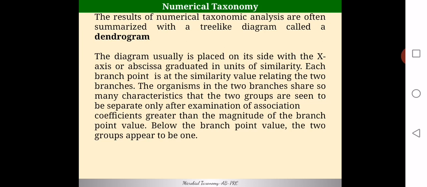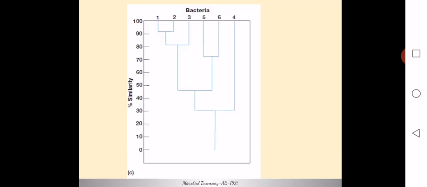The organisms in the two branches share so many characteristics that the two groups are seen to be separate only after examination of an association coefficient greater than the magnitude of the branch point value. That means we look at the coefficients, and their values will give you the position of the branches. When we look at the diagram, you will get a much clearer idea.